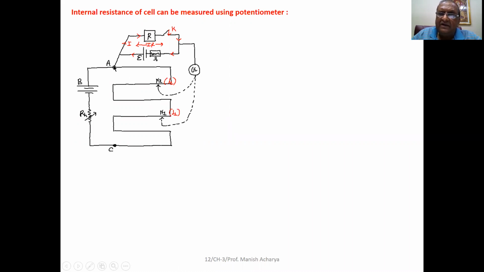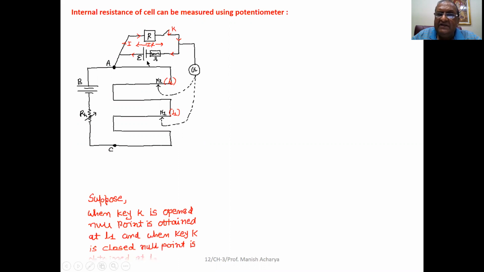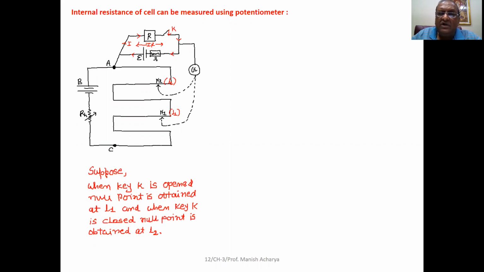So here, suppose the null point is obtained at position N1 and the length of the potentiometer wire required to obtain this null point is L1. Then we can write the EMF E equal to L1 into phi, that is the potential drop across A and 1.